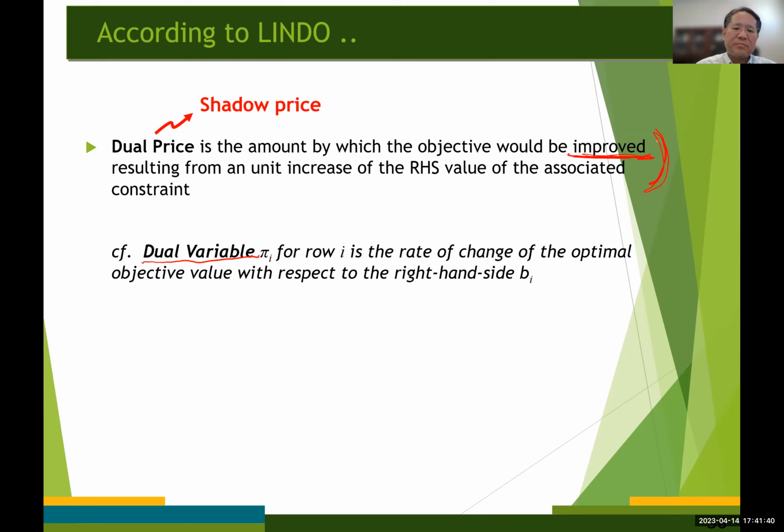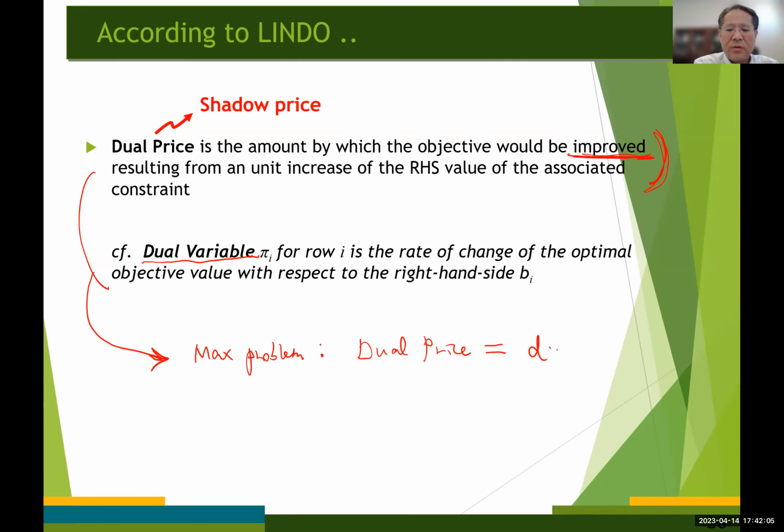So from these two, what I can tell you is in the maximization problem, the dual price has the same meaning as dual variable.